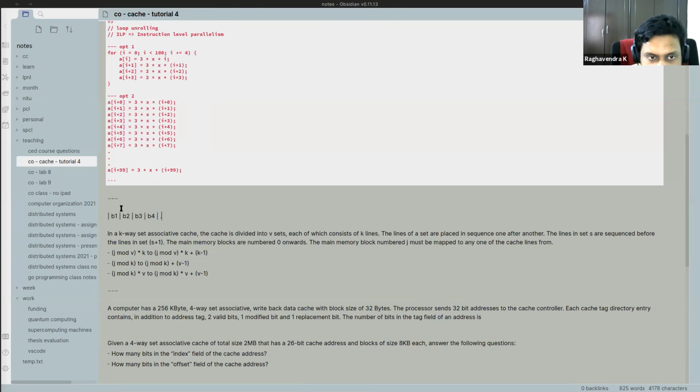Let's say I am assuming this, and let's say block 1 and block 2 are in set 0, and block 3 and block 4 are in set 1. Now you have identified that you want to keep the block in this particular set. If I want to keep it in this particular set, how do I know where B3 is? How do I know that it's in the third position?